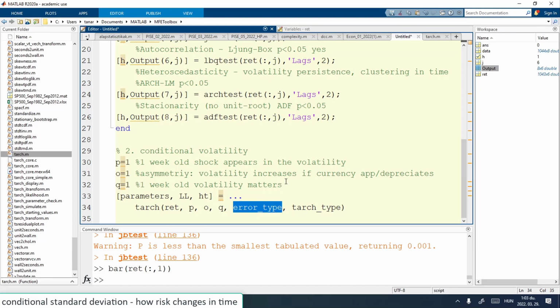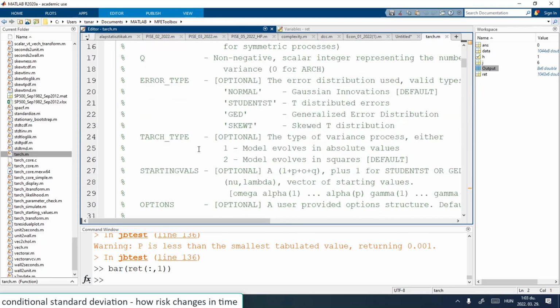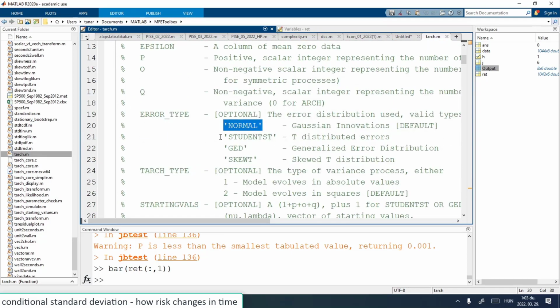Error type, we can have different error parameters. Start type will be 2, I don't want to discuss this. But in the case of error terms, we can have the fancy normal distribution, or the student distribution. Let's have student distribution with skewness.